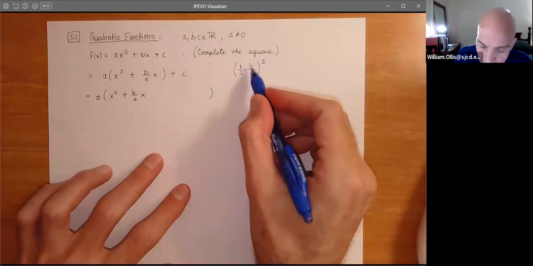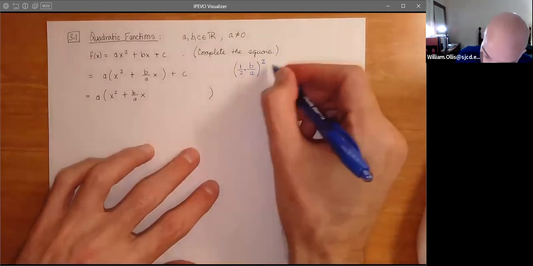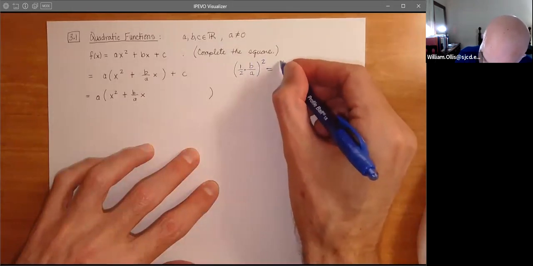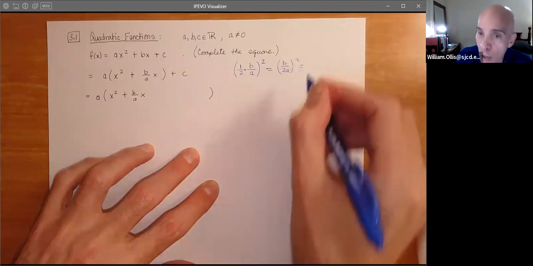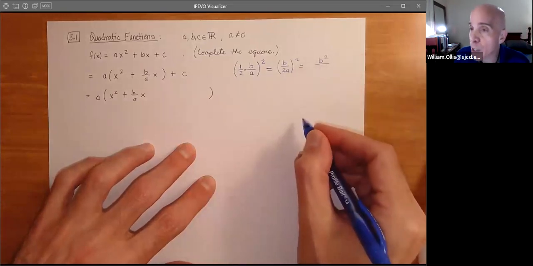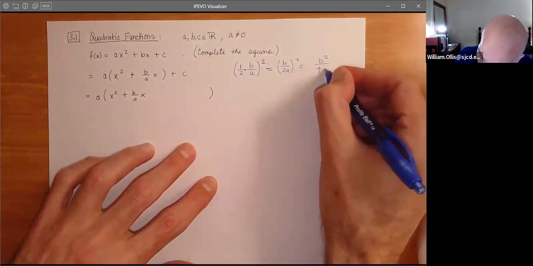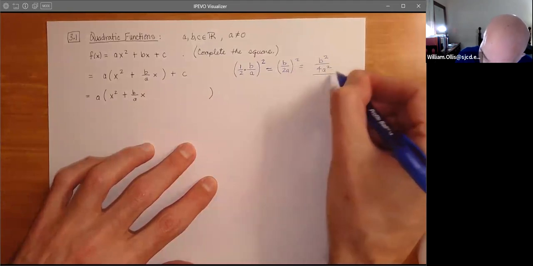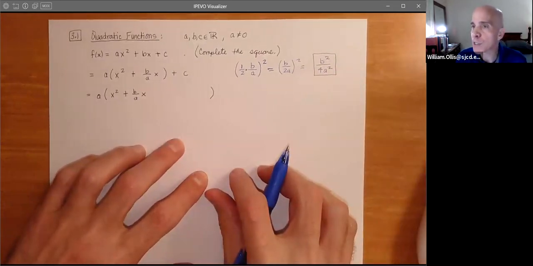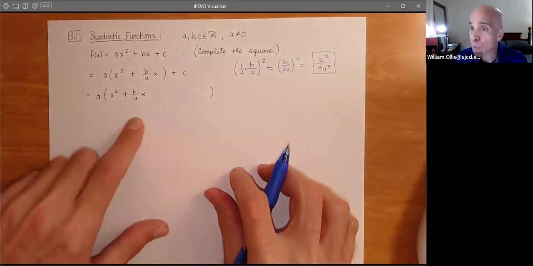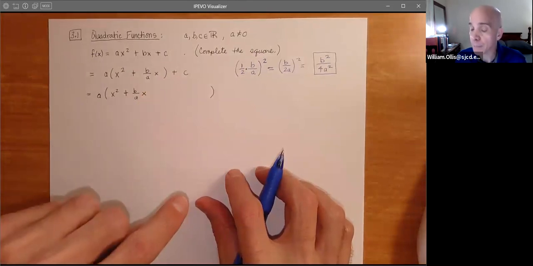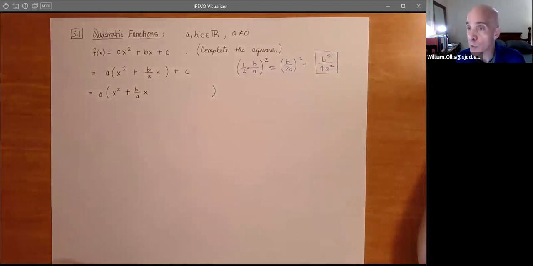So we take half of this coefficient and then we square it. So this is b over 2a quantity squared. Now we use our laws of exponents and we get b squared, and then we square the 2, we get a 4, and we square the a, and we get an a squared. So this is the completing square number. And it's the same every time you complete the square. If you have numbers, you think, okay, what's the number? Coefficient of x, take half of it, square it. Always. That is the key.